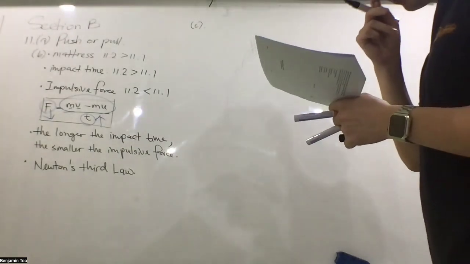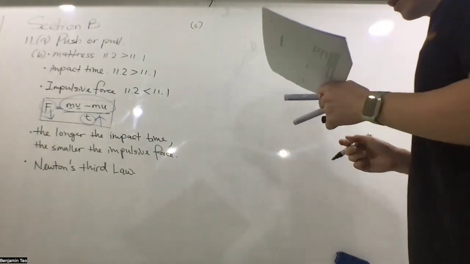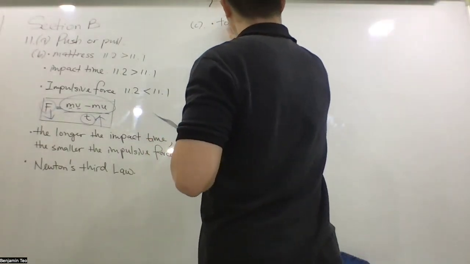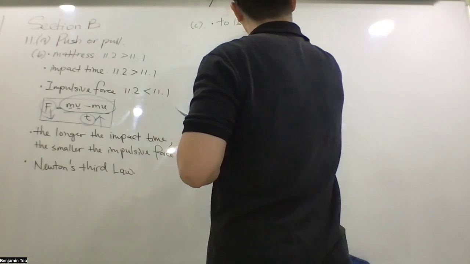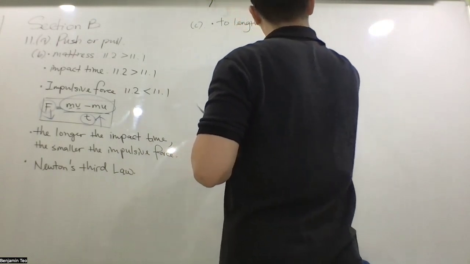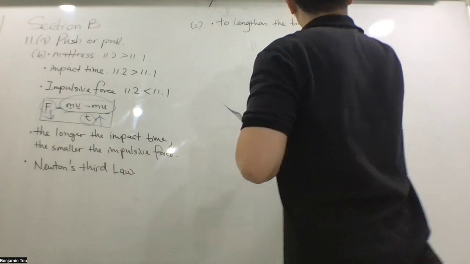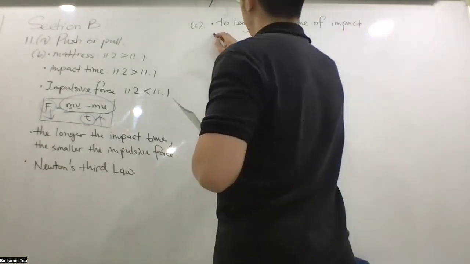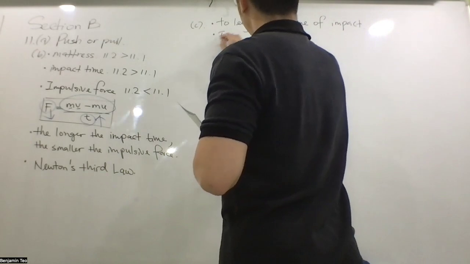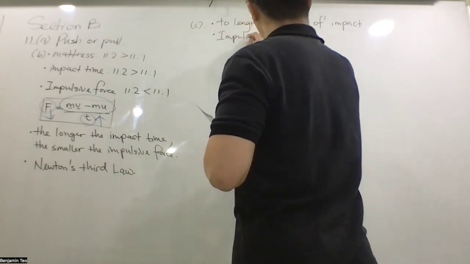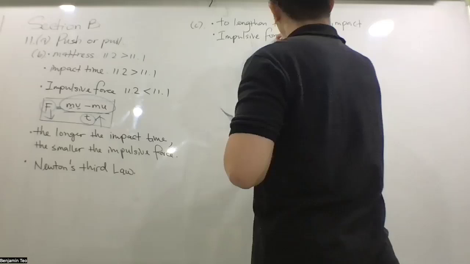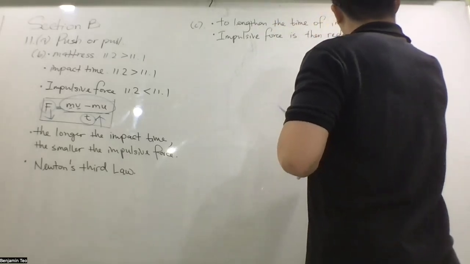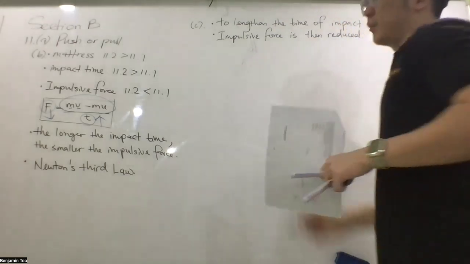State the reason for the athlete to bend his knees while landing. To lengthen the time of impact. Impulsive force is then reduced.